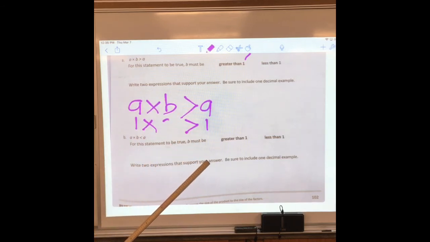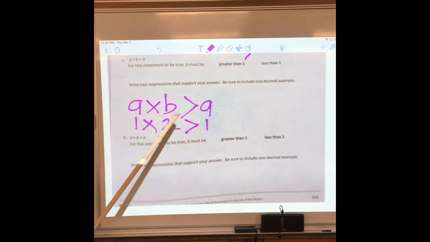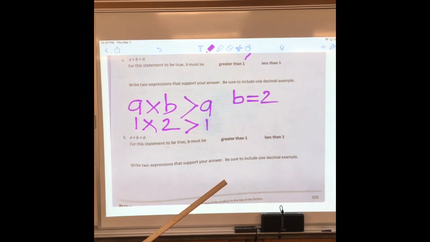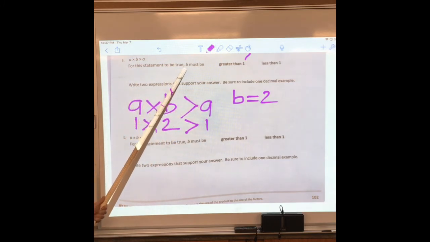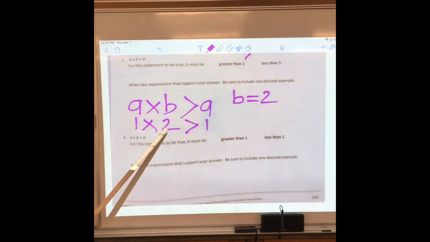Someone said 2. Nice work. Yeah, 1 times 2 is greater than 1, isn't it? So then we could say, well, B equals 2, right? Because we just gave it a value so that we could figure the problem, right? And that's the way you make up these. So we could say, for this statement to be true, B must be what? Greater than 1. Yes, greater than 1.